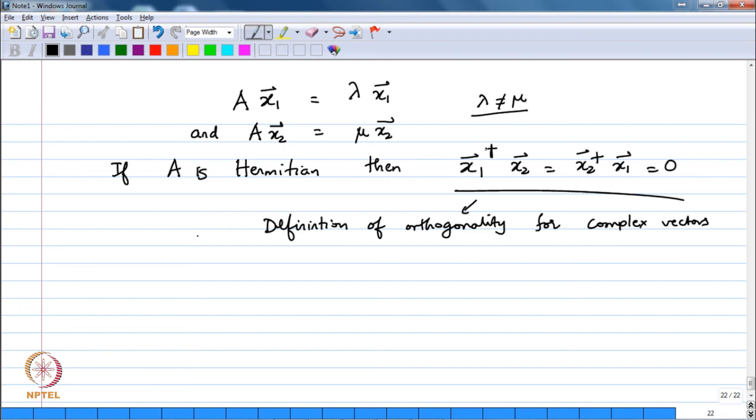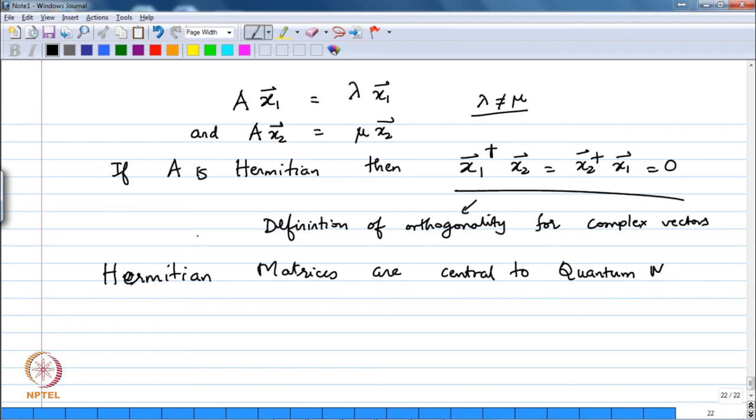Okay. So Hermitian matrices are central to quantum mechanics. So, you can write a differential expression for an operator, and so you can define something called a Hermitian operator, or you can write a matrix representation of an operator, and that involves Hermitian matrices.